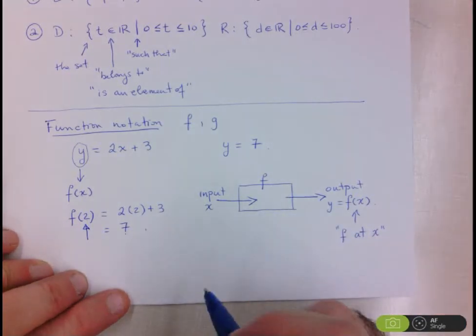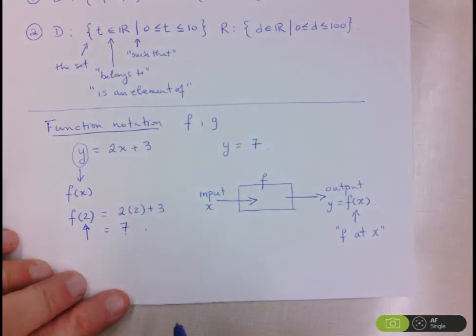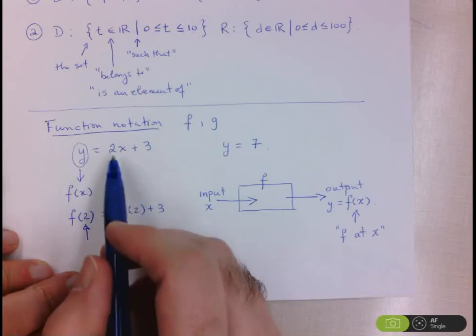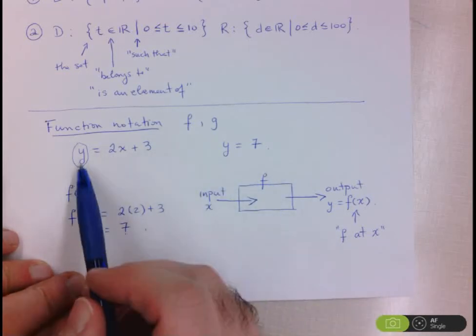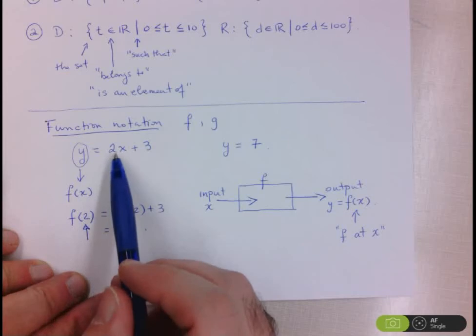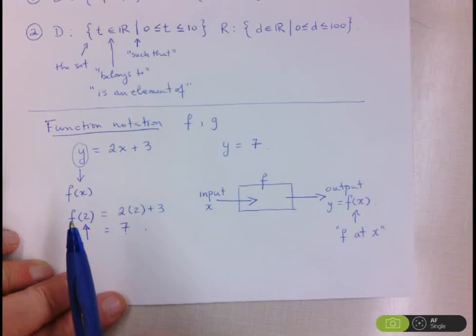What does a mathematical function do to an input to create an output? Well, it uses mathematical operations. So in this case, what were the operations used by this machine to produce an output? Well, it used multiplication, so it multiplied the input by 2, and then it added 3 units to that.